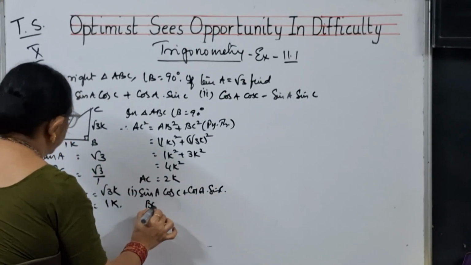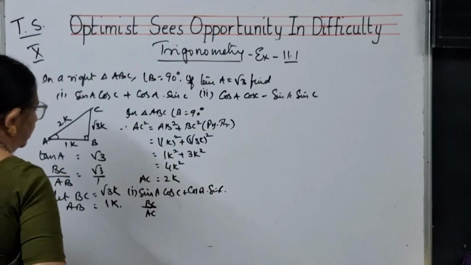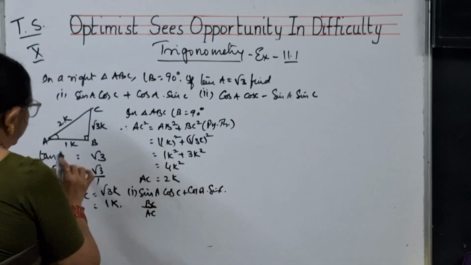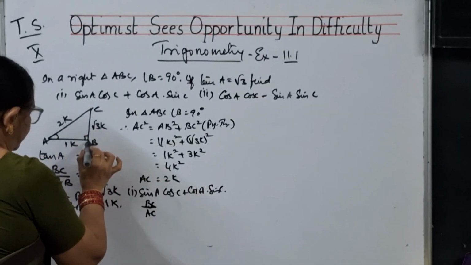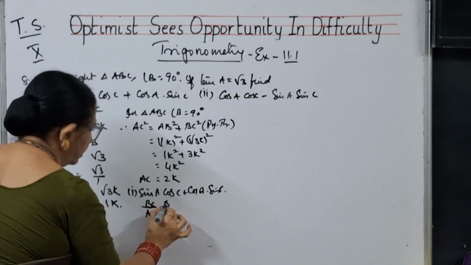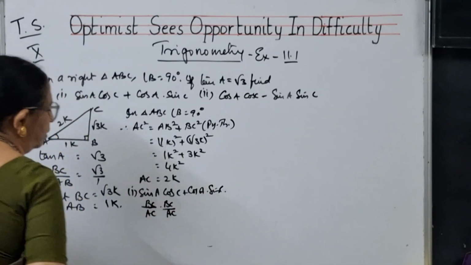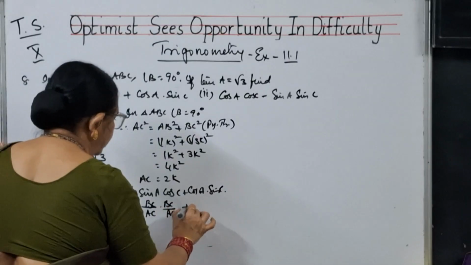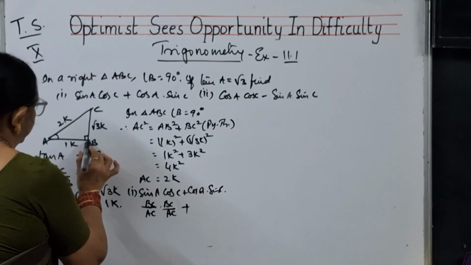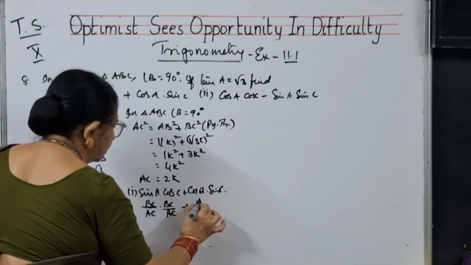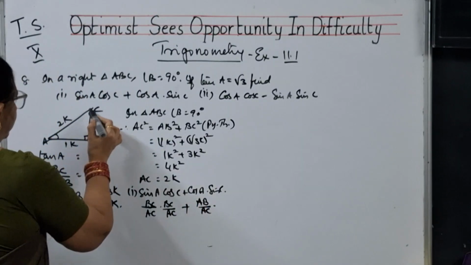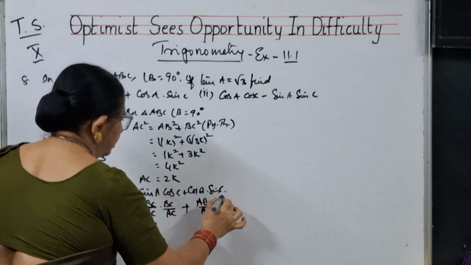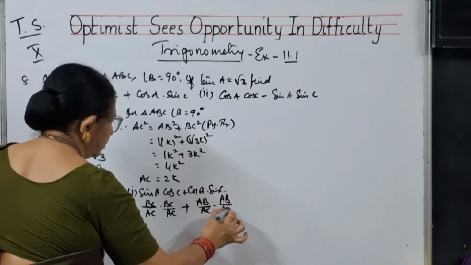BC by AC. Cos C, for this, is adjacent side BC by AC. Same value you are getting here. Plus cos A. Cos A is adjacent side by hypotenuse, that is AB by AC, into sin C. For this, opposite side is AB by AC.